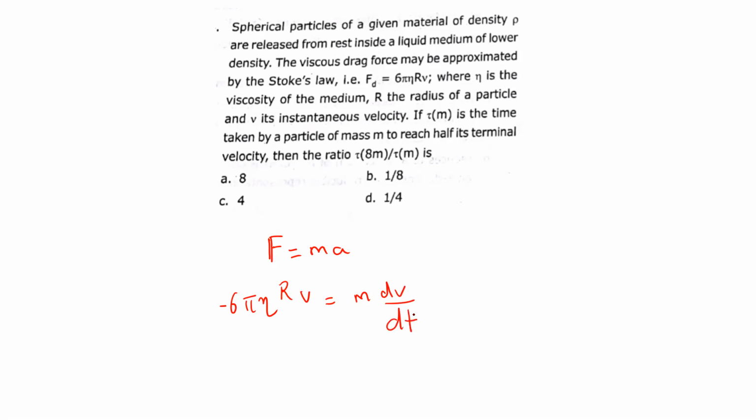Now immediately this differential equation can be solved to give the velocity. I will use the separation of variables method. So we can rearrange the equation this way: dv by v is equal to, so this is the differential equation.